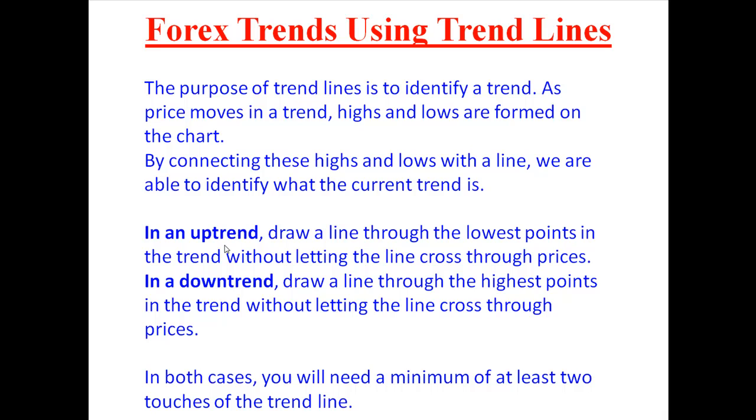In an uptrend, draw a line through the lowest points in the trend without letting the line cross through prices. I'm going to show you on the next page. In the downtrend, draw a line through the highest points in the trend without letting the line cross through prices. In both cases, you will need a minimum of at least 2 touches of the trend line.